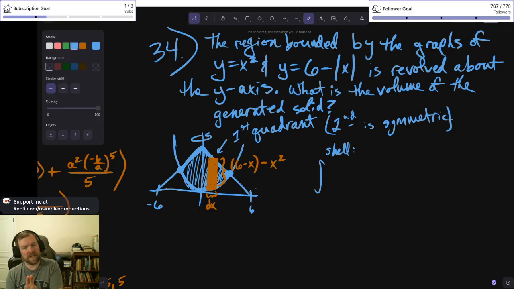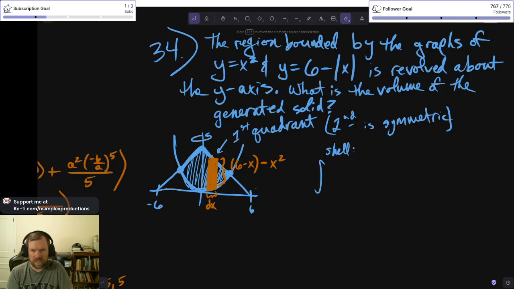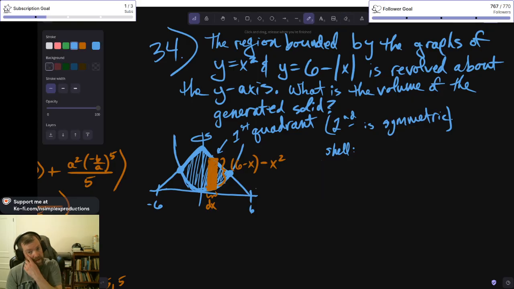When we're making a shell, I'm going to be taking the area of an infinitesimally small shell that's going all the way around. So before we do the integral, we come up with the usual formula that's going to help describe all this.